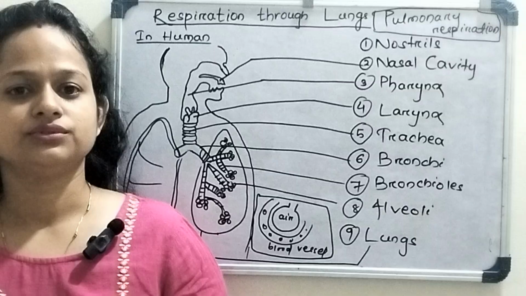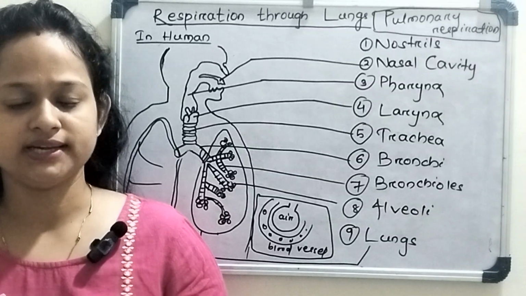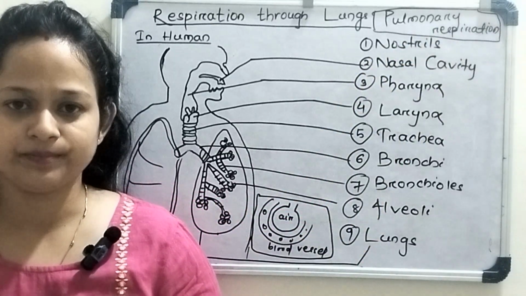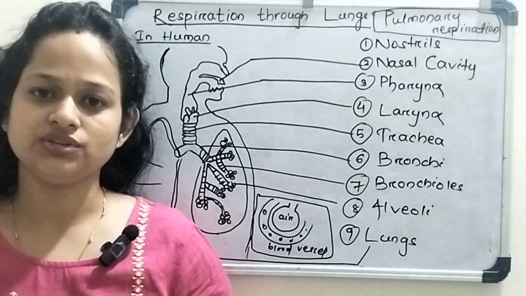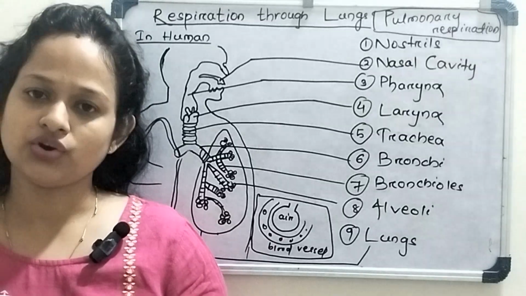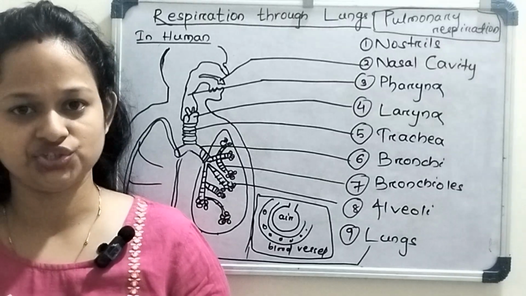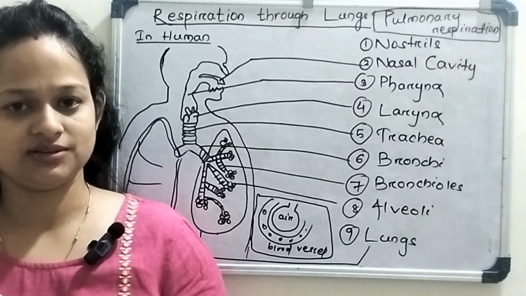In humans, lungs are needed for respiration, and this type of respiration is known as pulmonary respiration. The oxygen that we take in by respiration is used for the oxidation of food, which releases energy. The entire process is known as respiration.